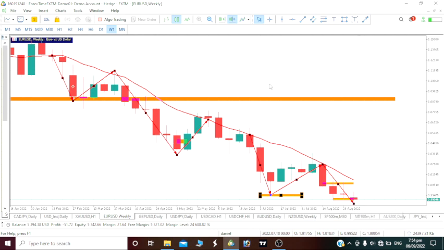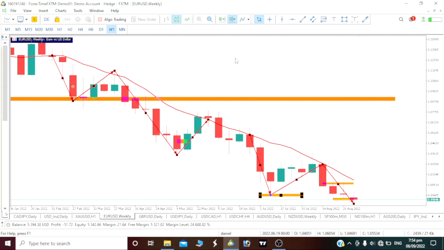If you look at it on the technical aspect, we are bearish. The moving average says that we are bearish, and even the fundamental aspect says that Euro USD would be bearish, due to the increase in interest rates in the US, which means the dollar will keep getting stronger compared to any other currency pair.